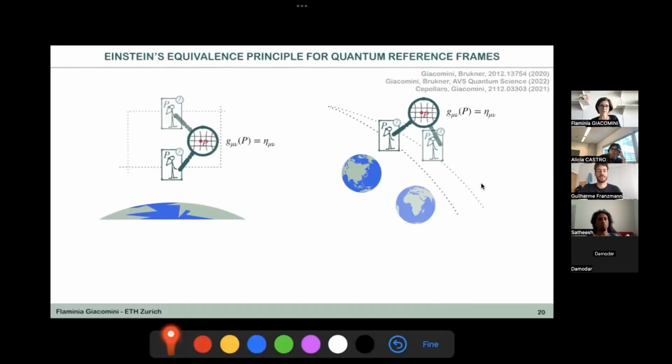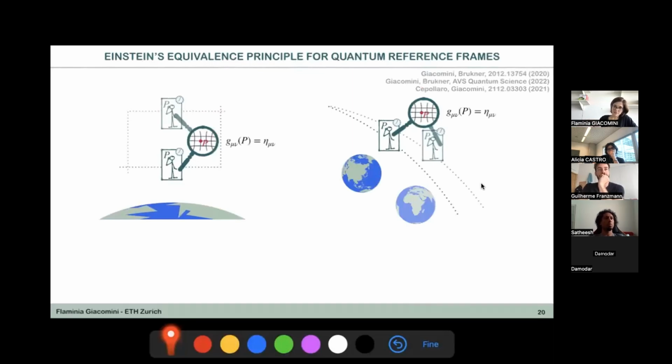And if you go a little bit even wilder, then you can also come up with a generalization of the Einstein equivalence principle in quantum reference frames. The easiest thing to do is to come up with a test in the classical gravitational potential of the Earth, where you put clocks in a quantum superposition.